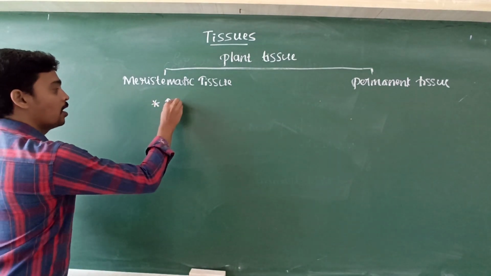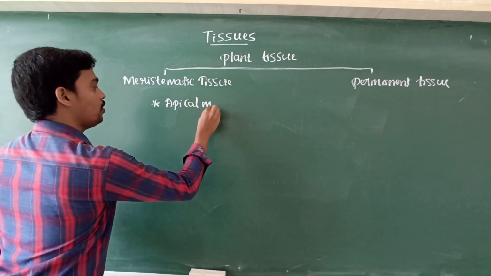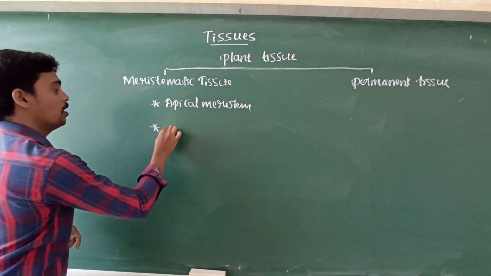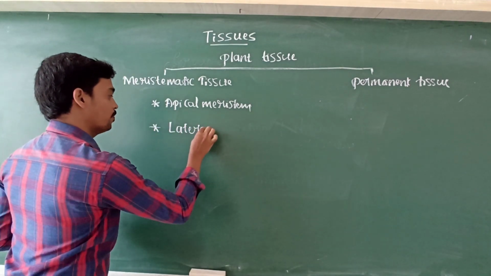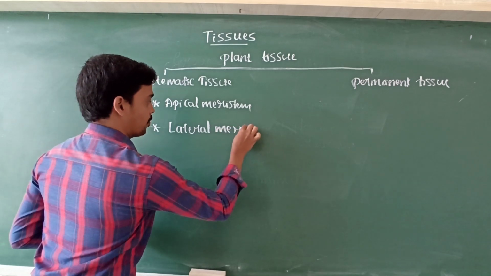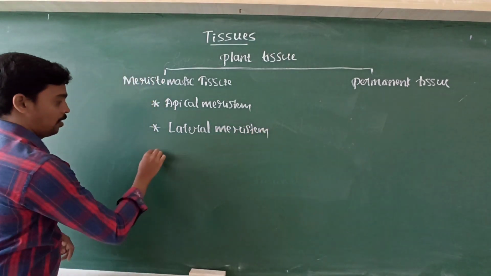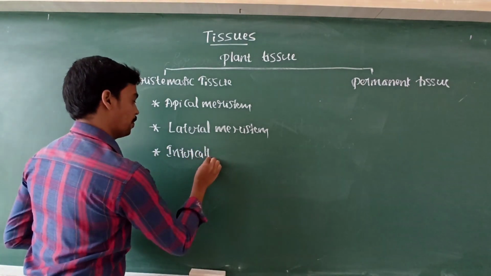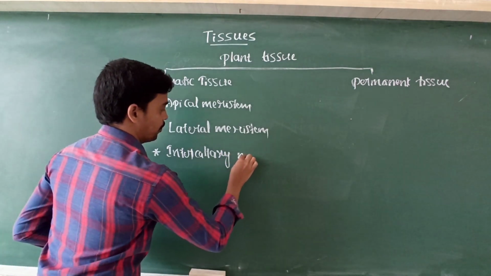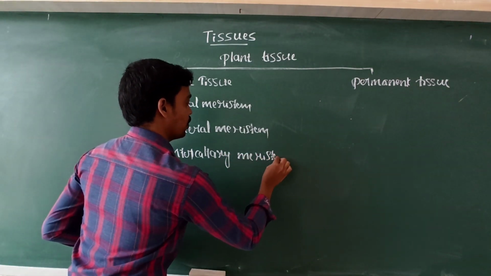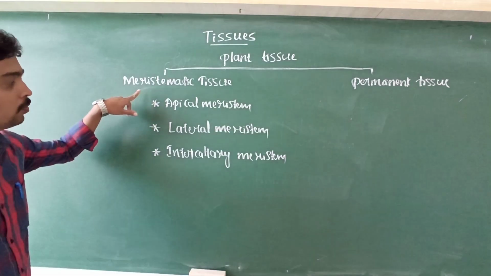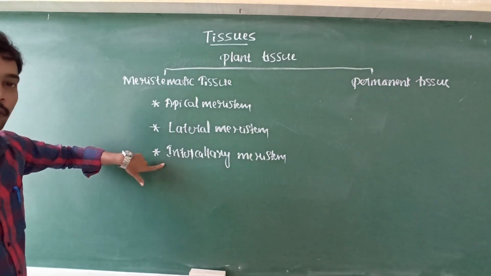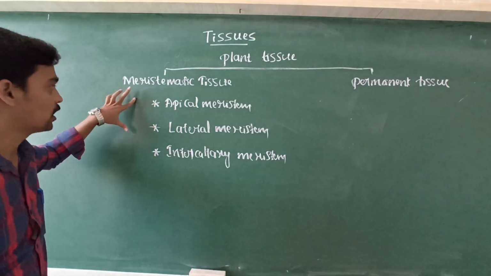The first one is apical meristem, lateral meristem, and then intercalary meristem. Meristematic tissue is classified into three types: apical meristem, lateral meristem, and intercalary meristem. This is the classification of meristematic tissue.